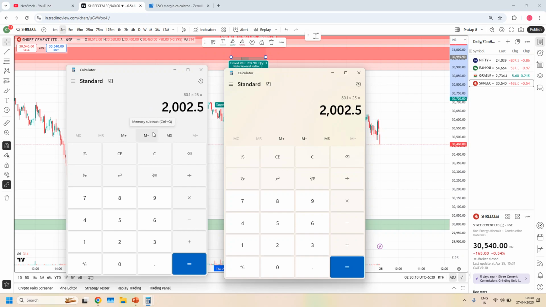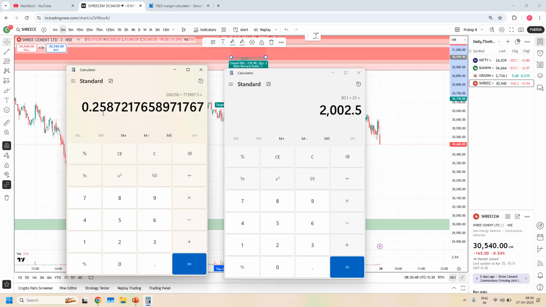Suppose it is 100 rupees, meaning 100 percent, what is the loss? 100 into 2,000 divided by 7,73,997.50. So how much loss did you get, in percentage? 0.25, rounded 0.3%. You got a 0.3% loss.